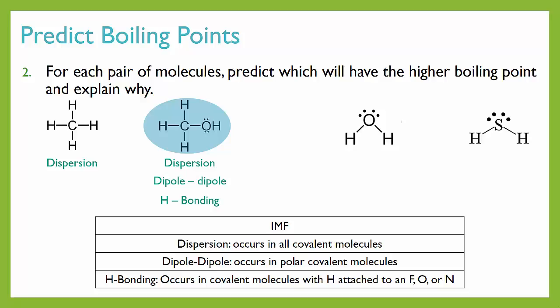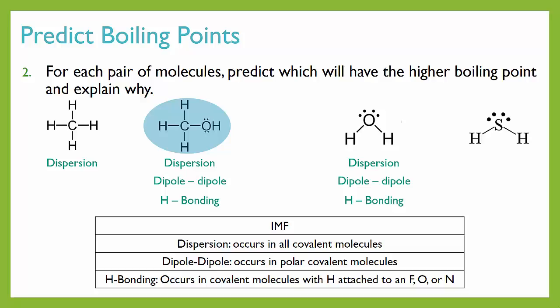If we look at our next two molecules, we have to treat them the same. First we have H2O. This is a covalent molecule, so it has dispersion. It's a polar molecule, so it also has dipole-dipole, and those hydrogens are attached to oxygens, so we've also got hydrogen bonding.